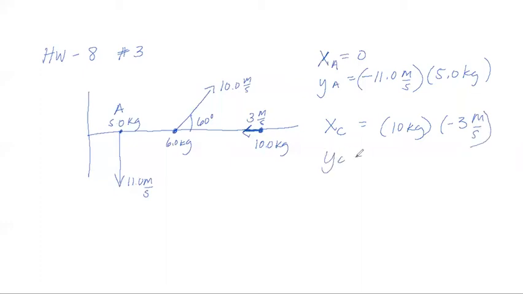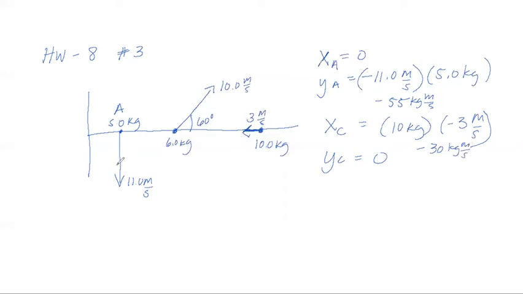And Y sub C equals 0. So this is going to be negative 55 kg meters per second. This is going to be negative 30 kg meters per second.